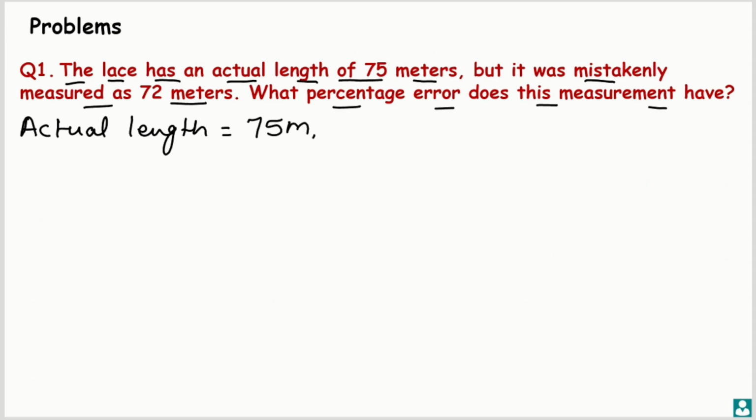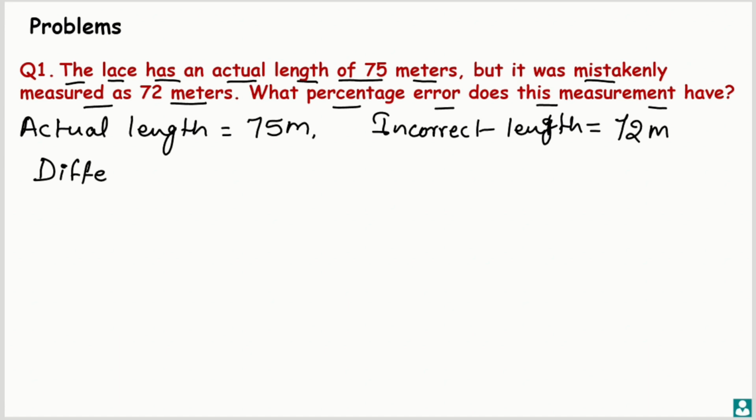Now we are given the incorrect length, which is 72 meters. Now the difference of these two lengths is 75 minus 72, which gives us 3 meters. So this is the difference between the two lengths.